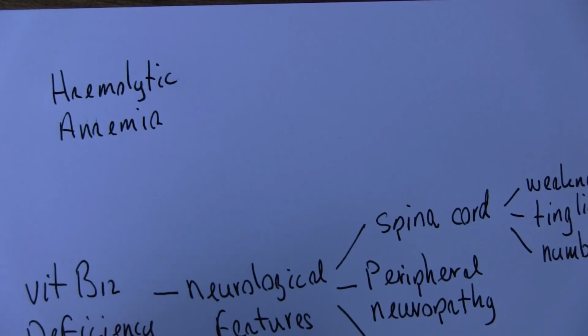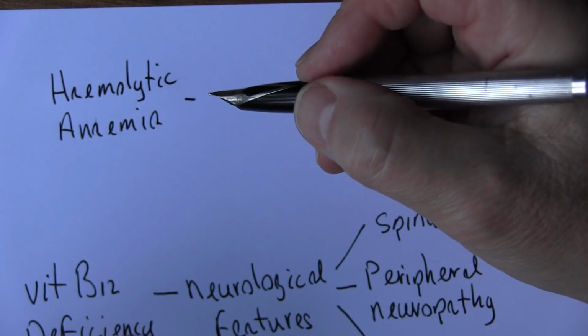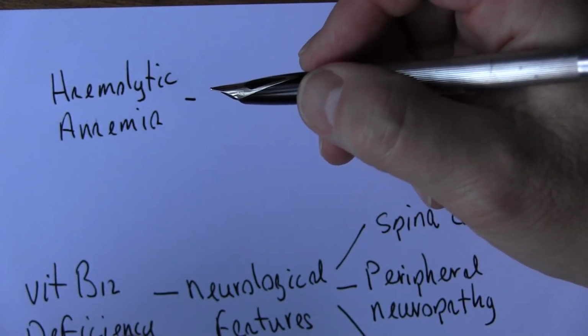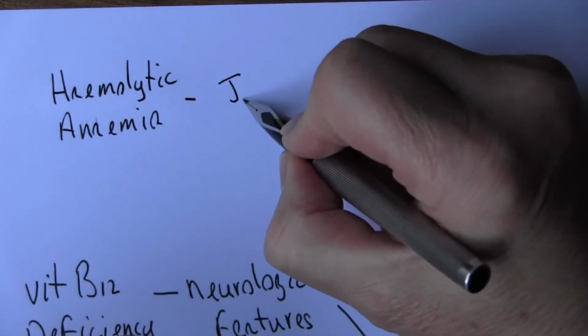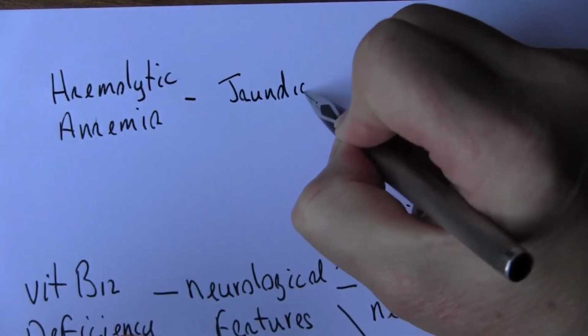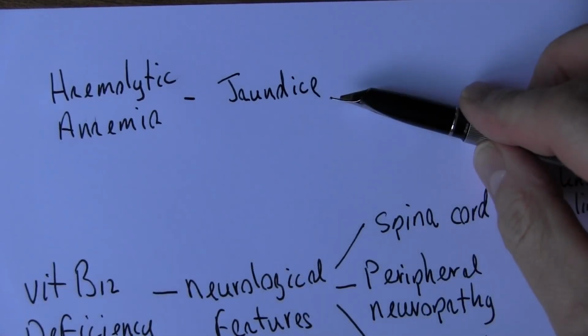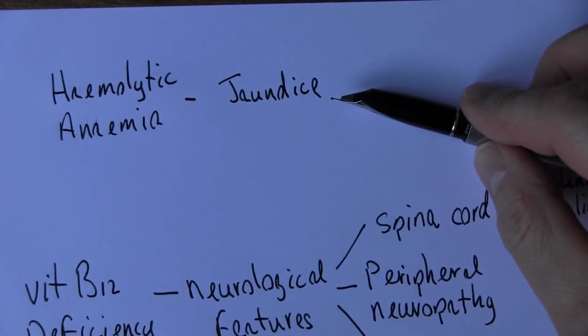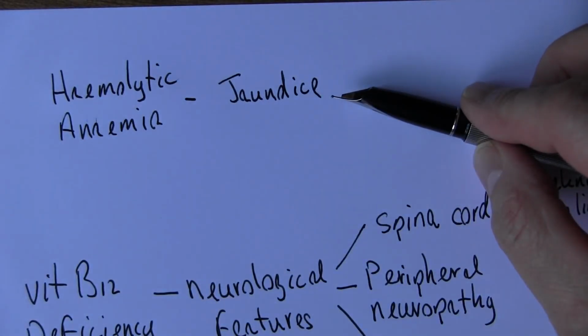And this will release the pigment from the hemoglobin, the bilirubin. And in the tissues, we see that as jaundice. So there can be jaundice. It's normally not pronounced in hemolytic anemia, although you can get a crisis. It's most observable in the sclera, the whites of the eyes.